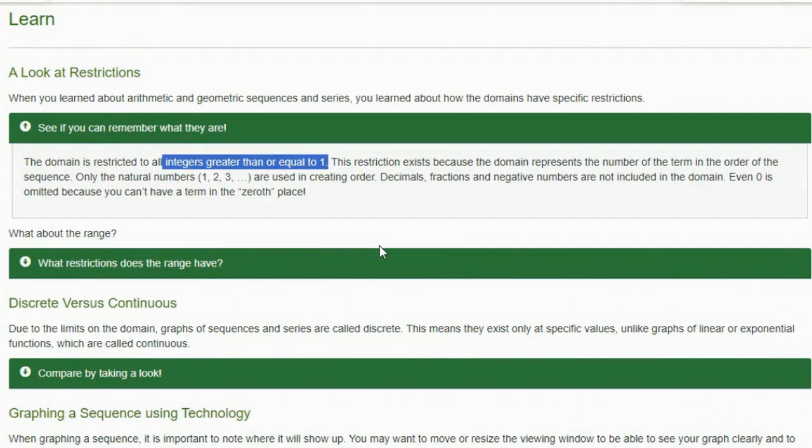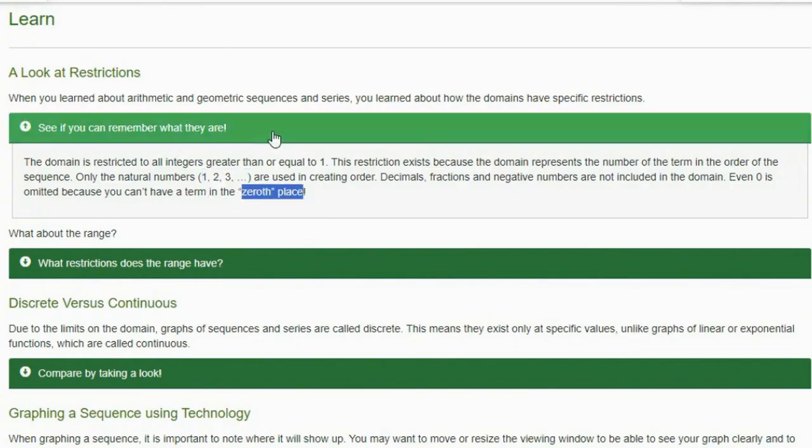We cannot have a 2.4 term of a sequence. We can't have a negative 3rd term of a sequence. So only natural numbers, 1, 2, 3, et cetera, are used in creating order. Decimals, fractions, and negative numbers are not included in the domain. Even 0, because we can't have a 0th place term.